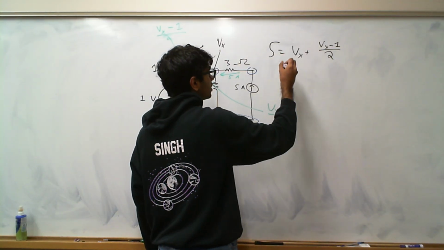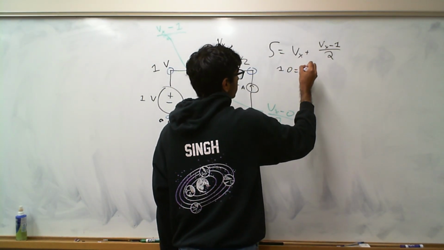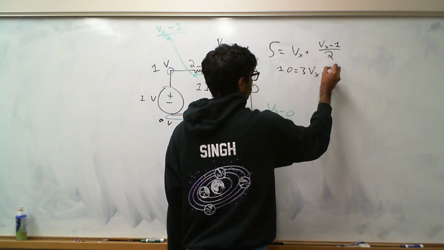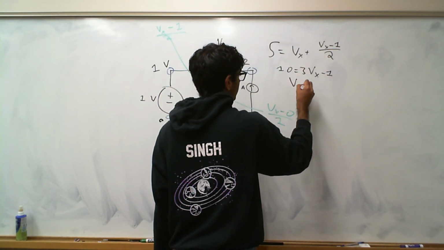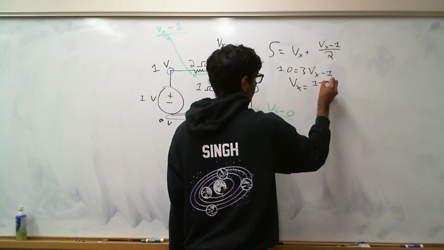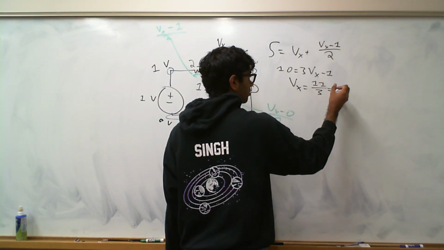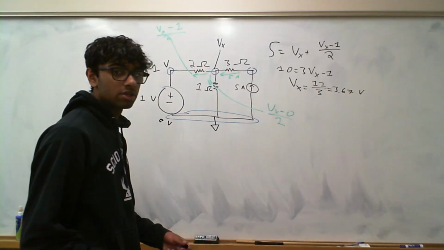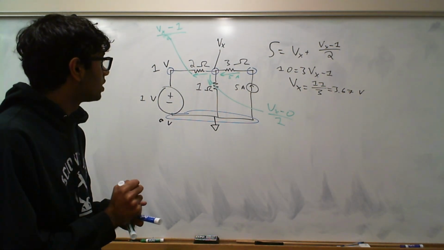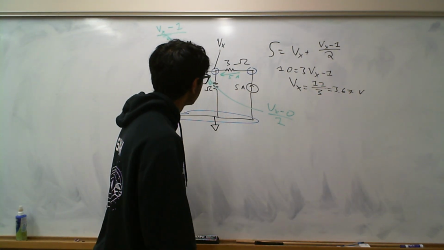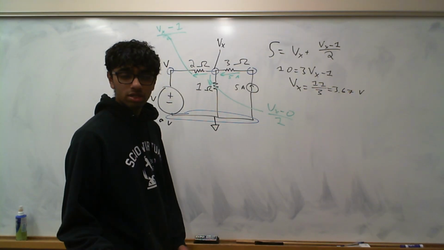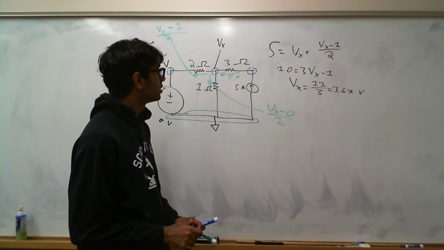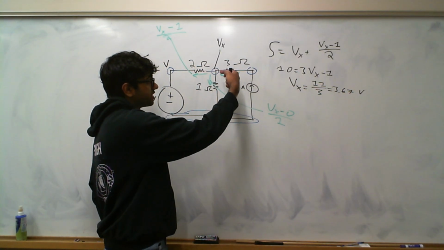We go ahead and solve this. We get 10 equals 3 Vx minus 1, or Vx equals 11 over 3, which equals about 3.67 volts. Now, we know that there's 5 amps of current going into here.